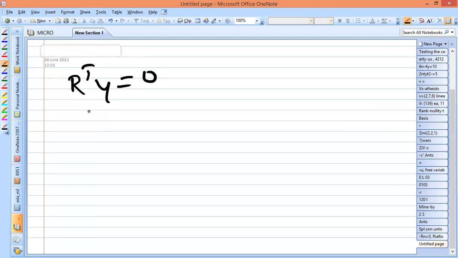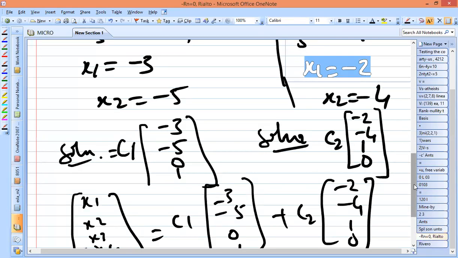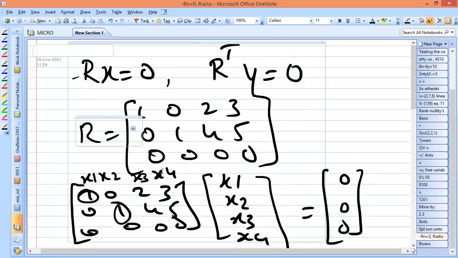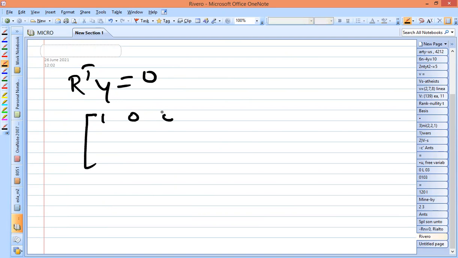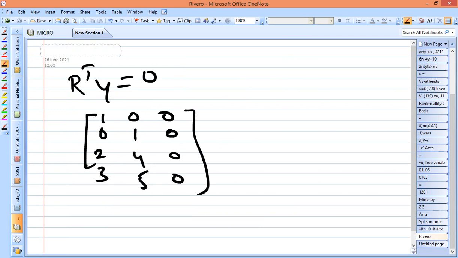The column elements are shifted to the rows and the row elements are shifted to the columns. So 1 0 2 3 becomes a column, and 1 0 0 becomes a row, and so on. I write the elements 1 0 2 3, 0 1 4 5, and all 0.